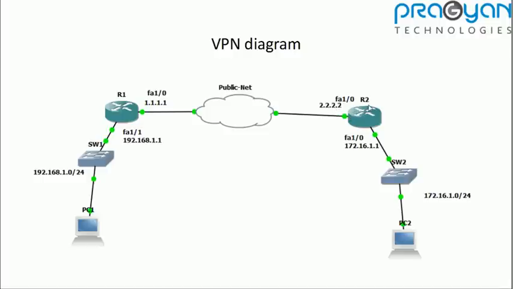Once the packet reaches R2, R2 will see that this packet is for itself. It's going to look inside the IP protocol header, understand that this is VPN traffic, remove the original IP header, and then route the original packet into the internal network, and it will eventually reach PC2. So that's really how tunneling works.